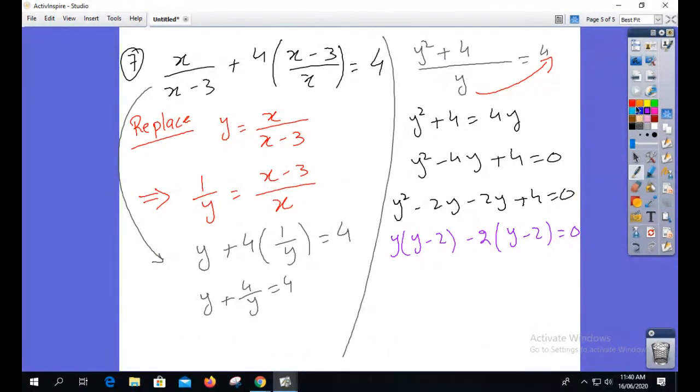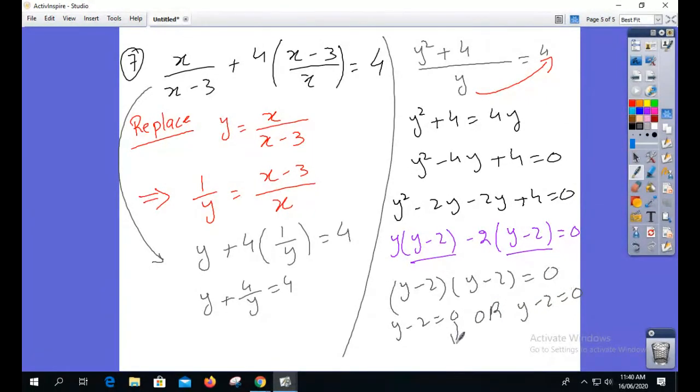And then here we have y minus 2 common. y minus 2 into y minus 2 equals to 0. y minus 2 equals to 0 or y minus 2 equals to 0. This is 1 and this is 2.